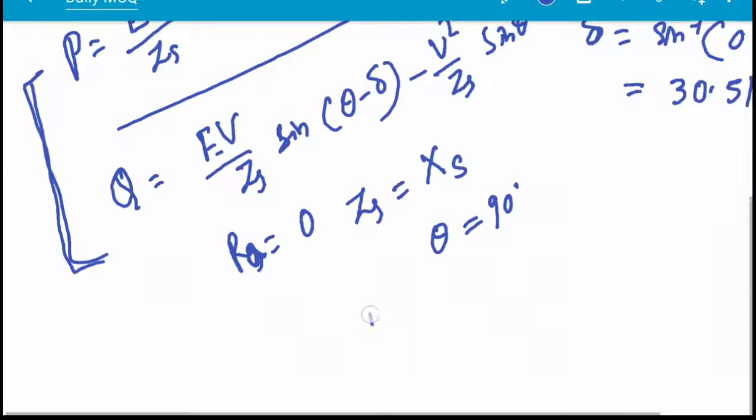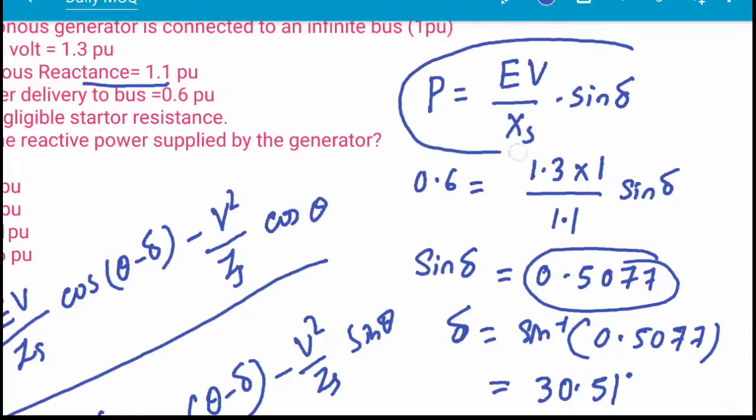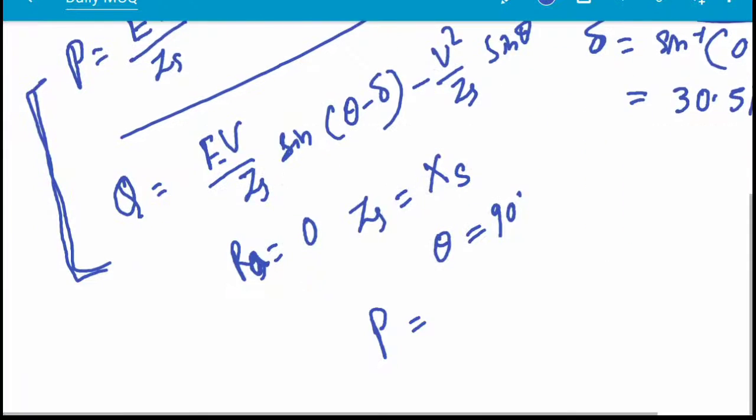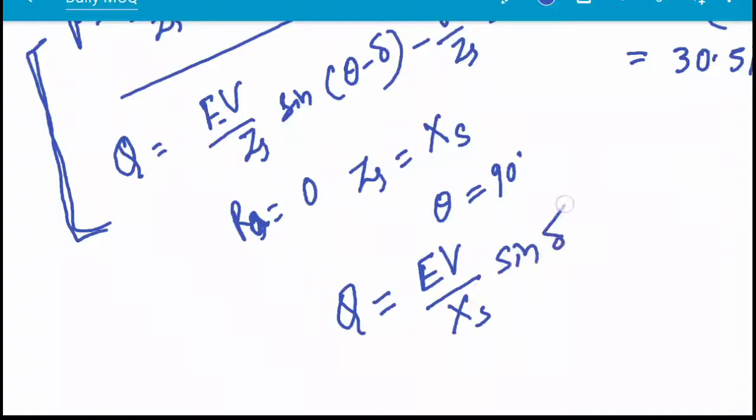So P becomes the formula that I have already used here, with no theta, and Q will be EV by XS sine delta.